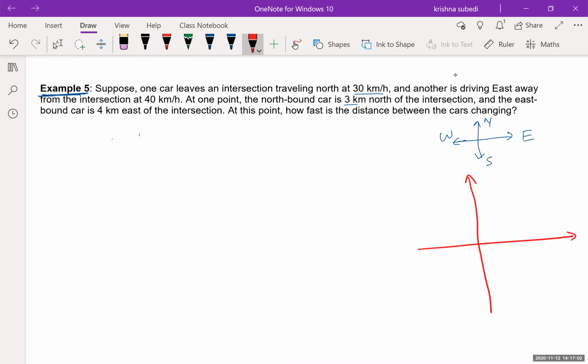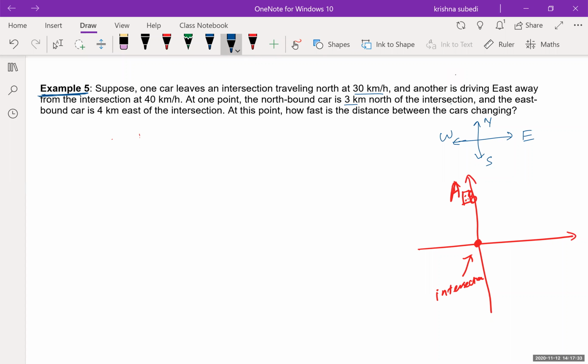So car A, let's say here is a car, traveling north. Let's say this is car A. This is the intersection. And another car is traveling east away from the intersection.